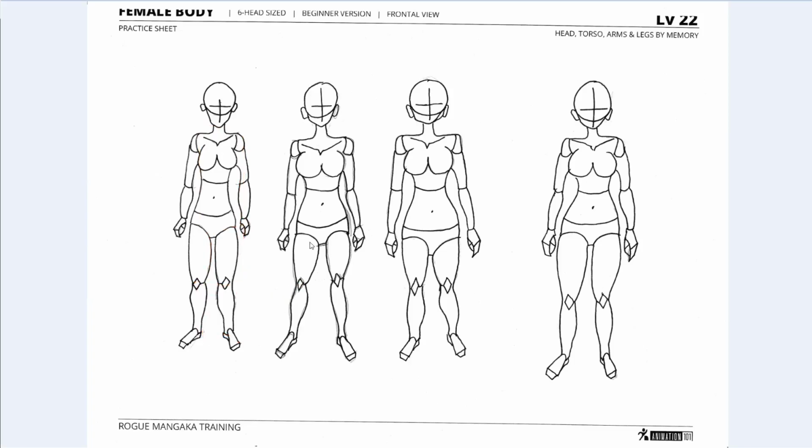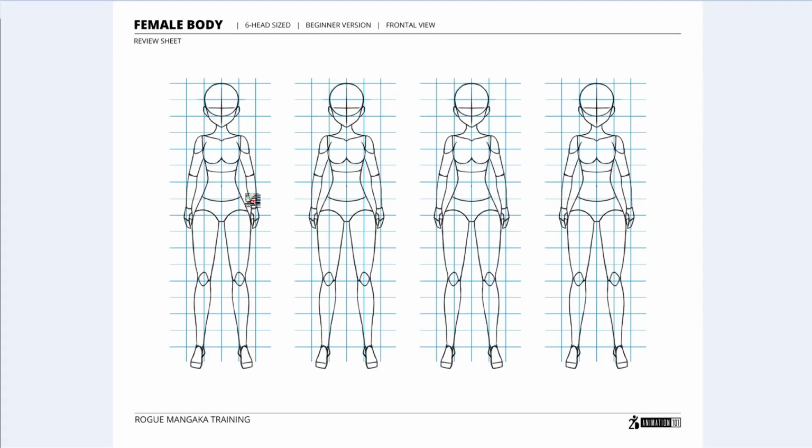So if we compare this with the actual reference, you can see that the torso, look, this is the size of the torso. This is the size of the leg, which is almost the same size as the torso. Look, it's almost the same size. And then we have the size of the shank.